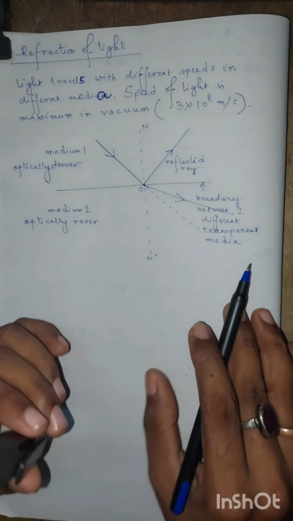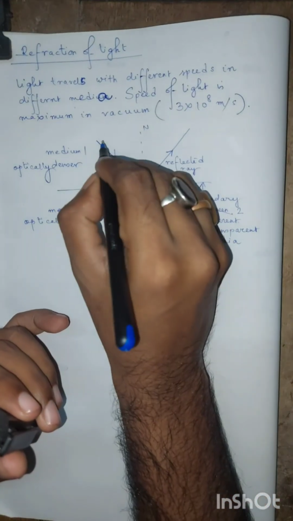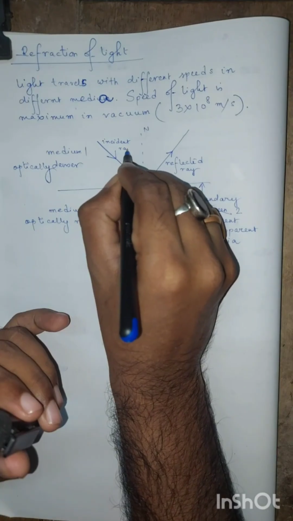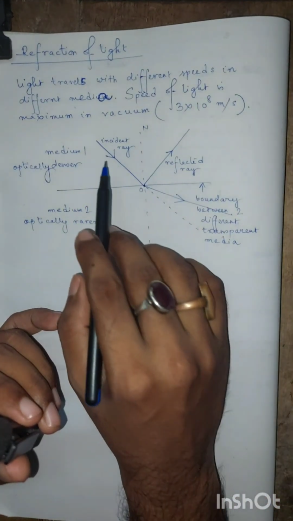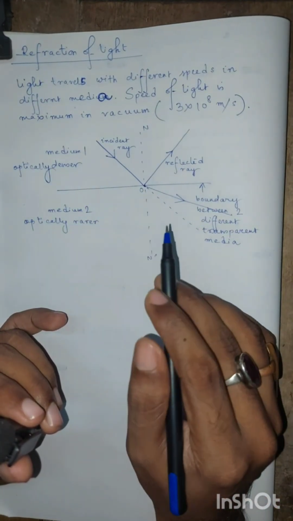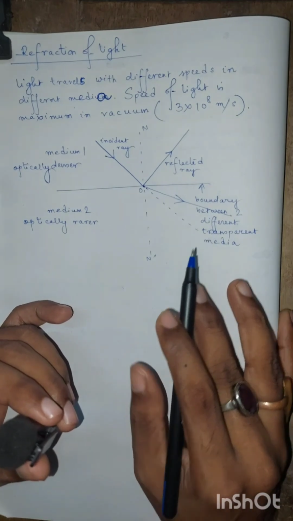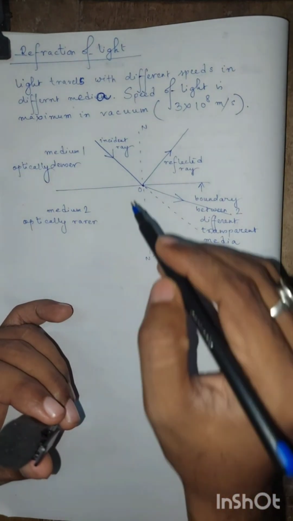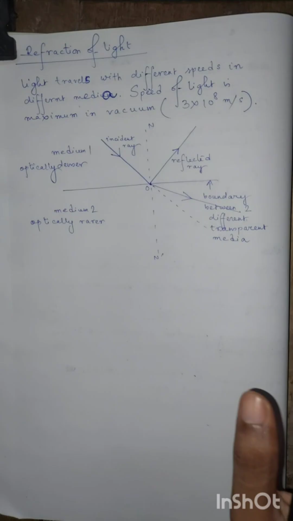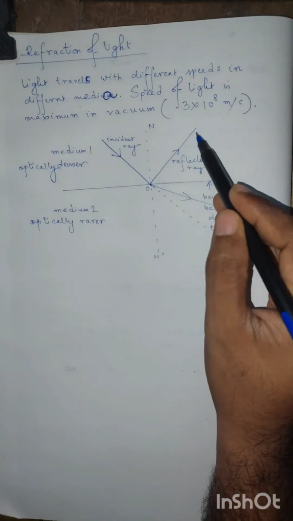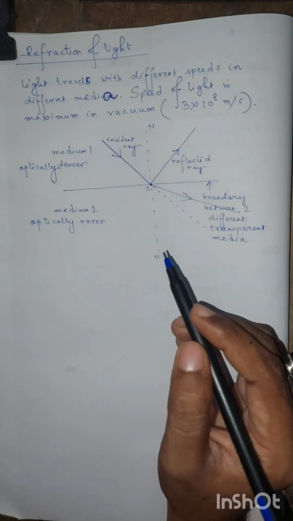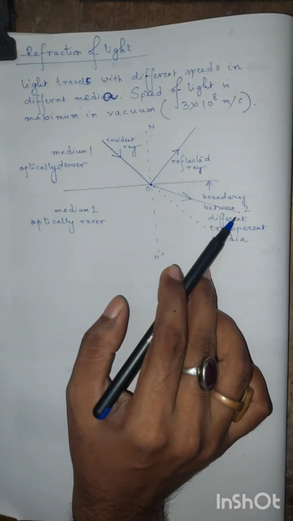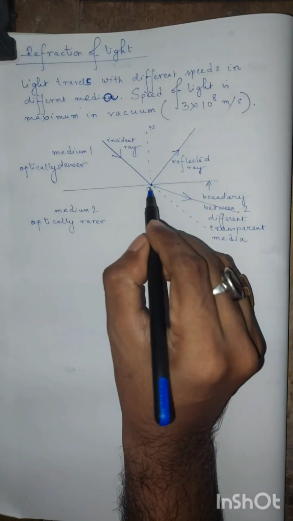So the energy of the incident ray, this is our incident ray. So the energy of the incident ray is divided into three parts. One part is reflected, the other part is refracted, and the third part is absorbed.